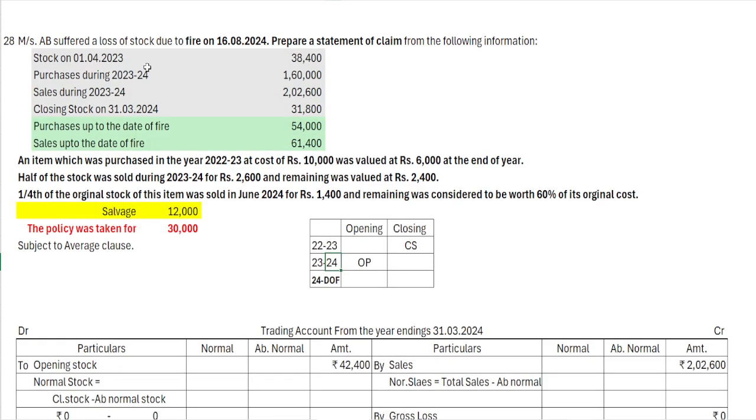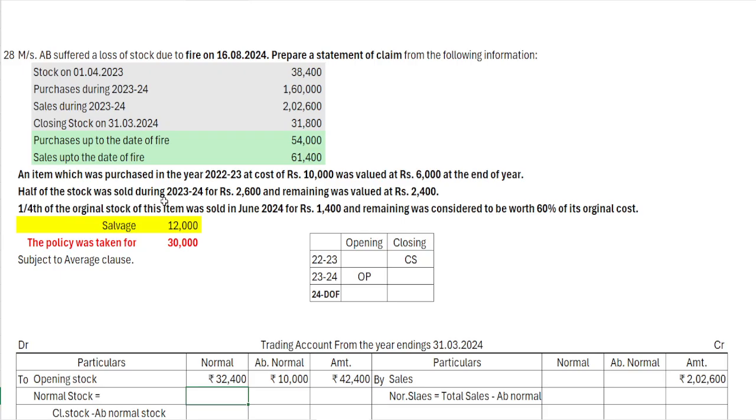So 1st April 2023 is 38,400 plus 4,000 written off here. 10,000 valued at 6,000 at the year end, which means 31st March 2023, then the same is carried forward to the opening balance of 1st April 2023. So it's 42,400. What is the value of abnormal stock? Total value, that is 10,000. Then normal stock is equal to total minus abnormal stock.